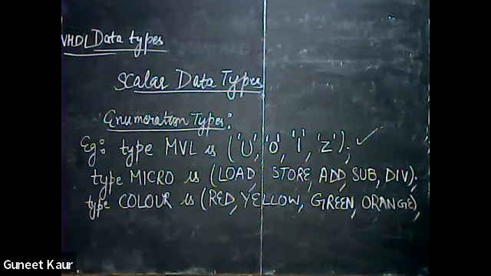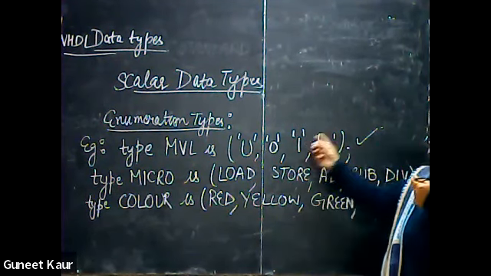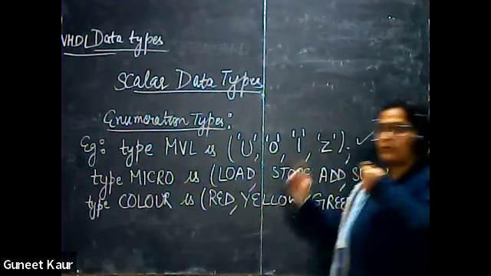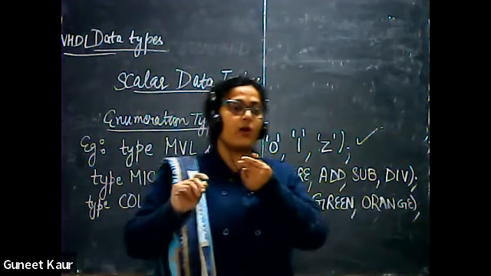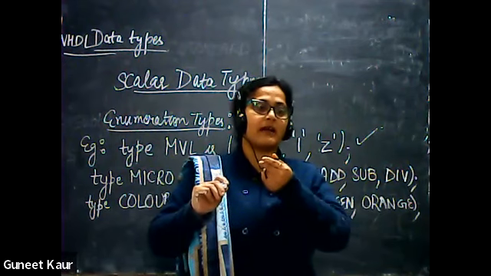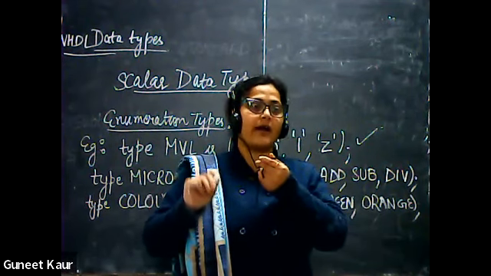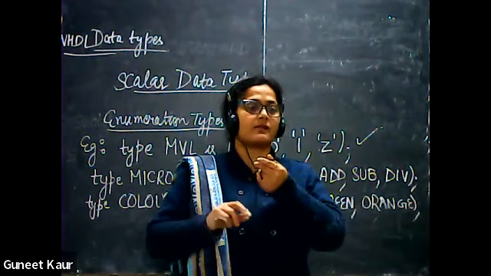So U, 0, 1, Z are called enumeration literals.